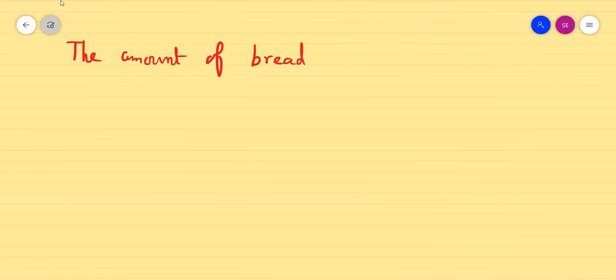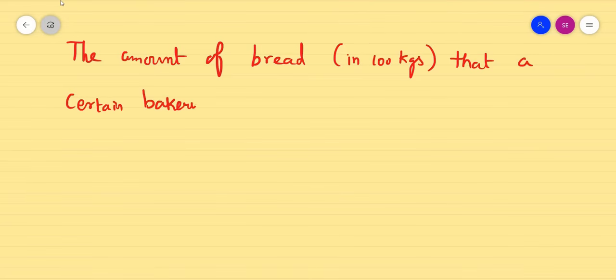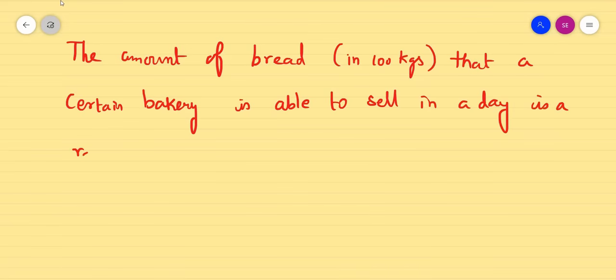The amount of bread, in 100 kgs, so they are mentioning it in terms of 100 kgs, that a certain bakery is able to sell in a day is a random variable.